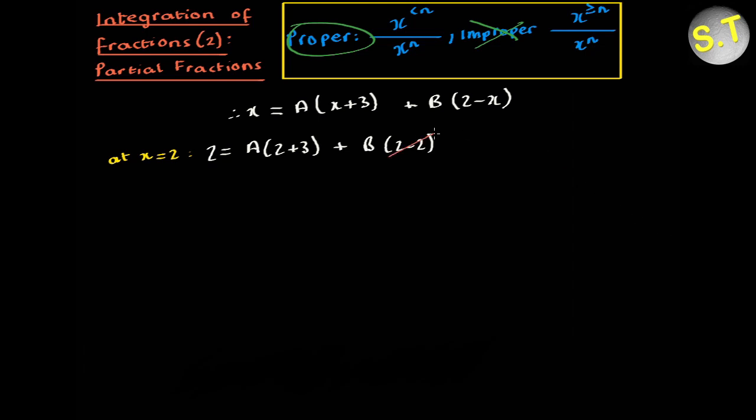And we can see straight away that this will cancel to 0, and this is 5. So this gives us that 2 is equal to 5a, therefore a is equal to 2/5.